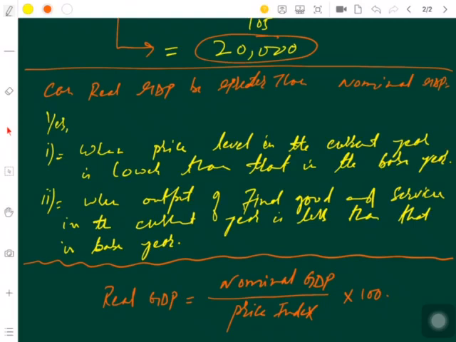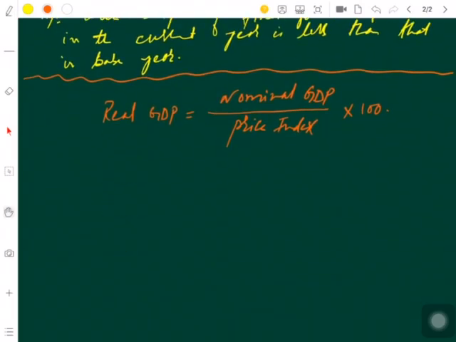So these things must be given if you have to calculate real GDP. Say real GDP is 200 and your price index has been given as 110, and you are asked to calculate nominal GDP. If any two are given, the third you can calculate very easily.